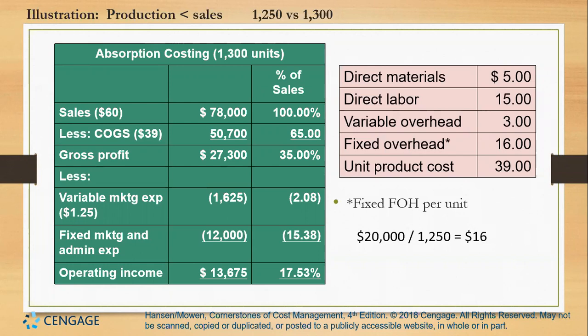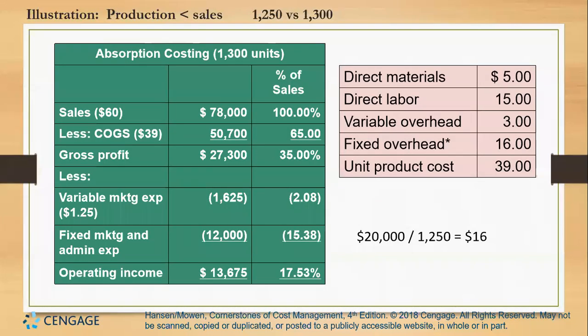We have now the operating income under absorption costing equal to 13,675. But be guided accordingly by the last rule that if production is less than sales, net income under variable costing is higher than that under absorption costing.